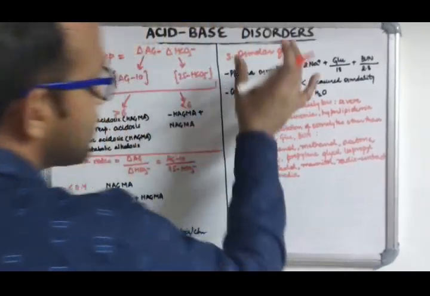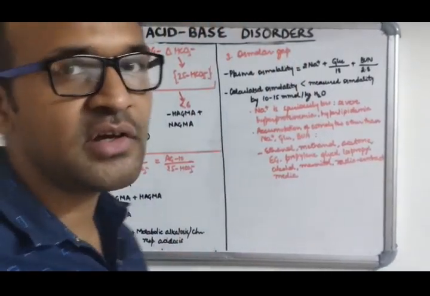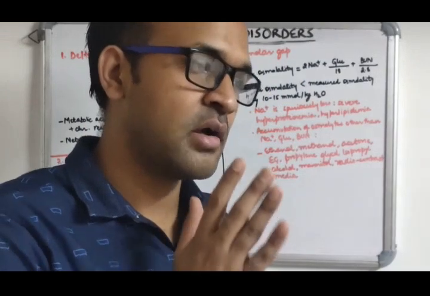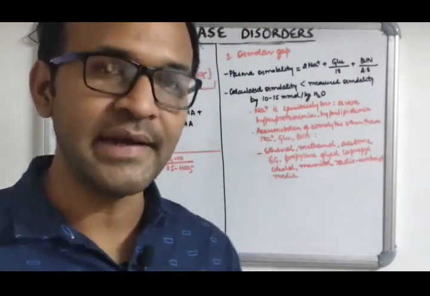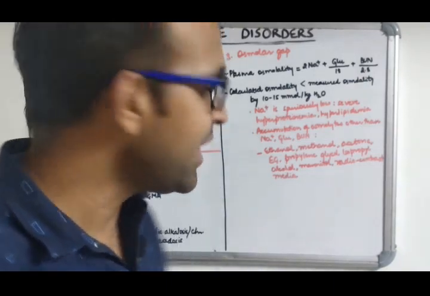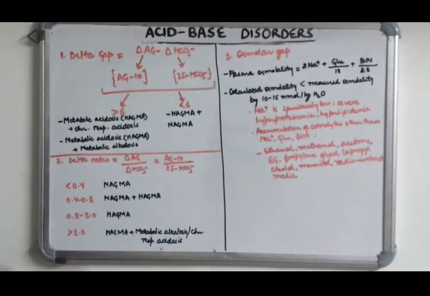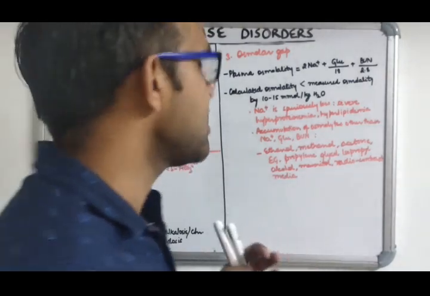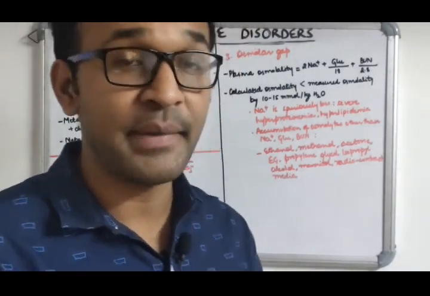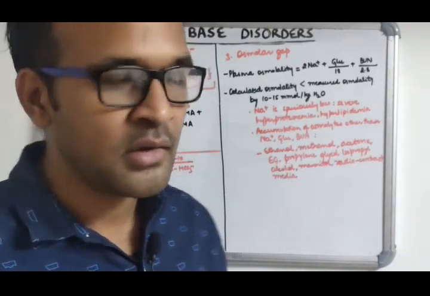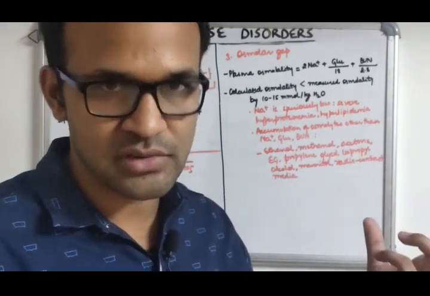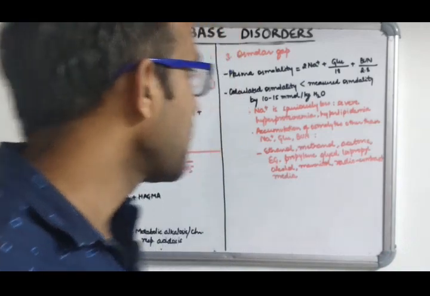So osmolar gap is said to be high if the difference in measured osmolality and calculated osmolality is more than 10 to 15 milliosmol per kg. We will discuss subsequently why it is important to calculate the osmolar gap, particularly in the setting of toxic alcohol ingestions, because there is increased osmolar gap in such conditions.